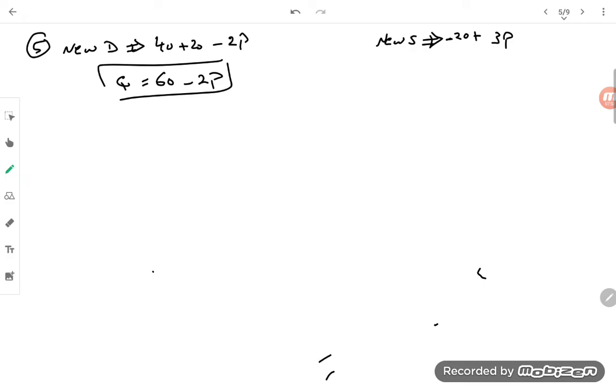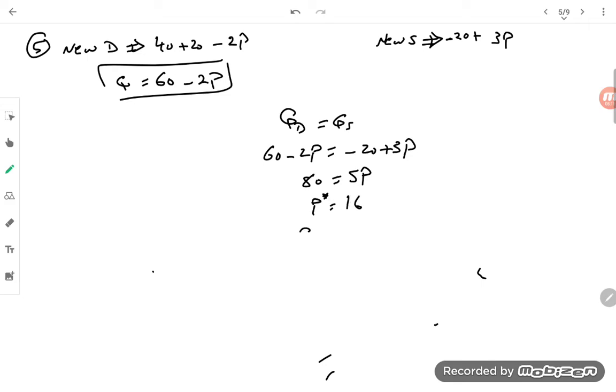So the new equilibrium will be achieved when QD equals QS. So 60 minus 2P equals negative 20 plus 3P. After rearranging the equation, it will be 80 equals 5P. So the equilibrium price will be 16.